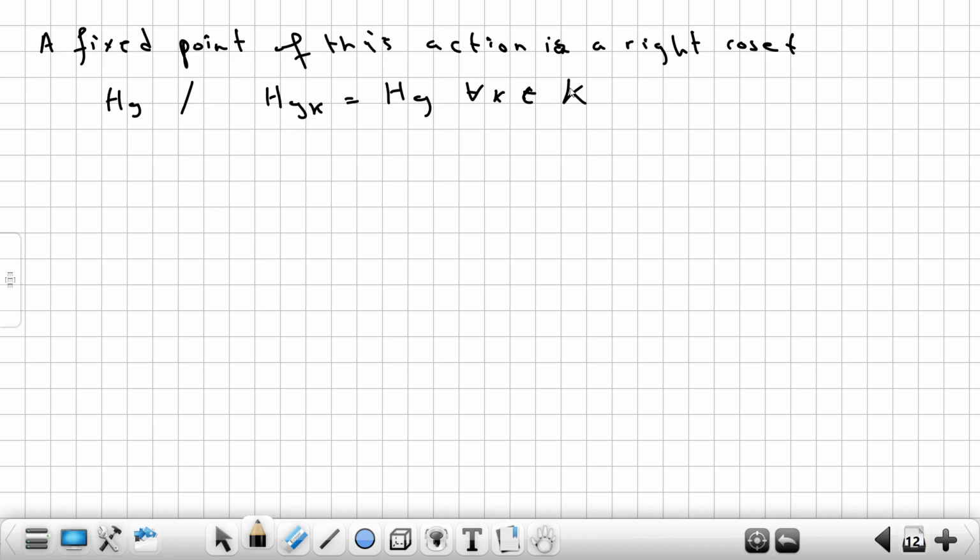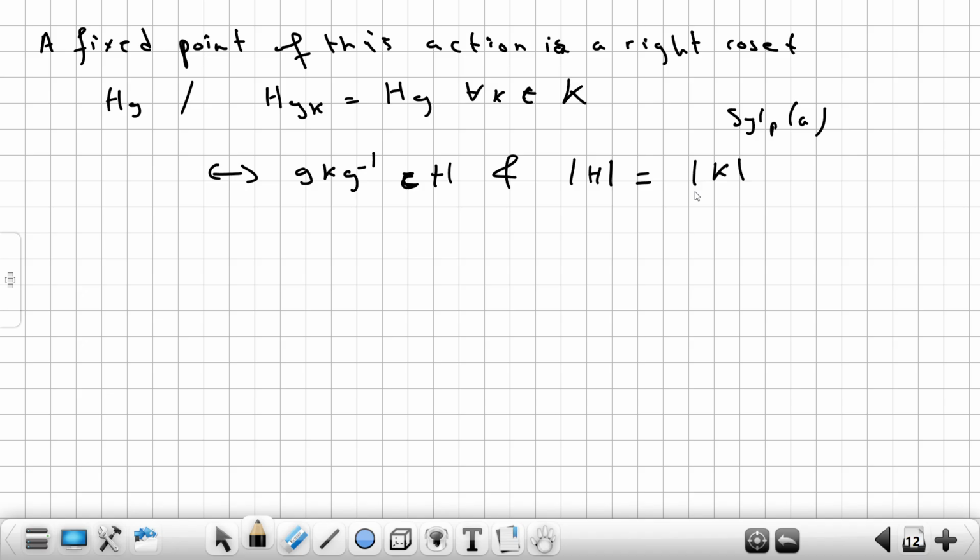Okay, this is equivalent to saying that gKg^(-1) is a subset of H or equal to H, and the order of H, of course, is equal to the order of K because they are both in Syl_p(G).